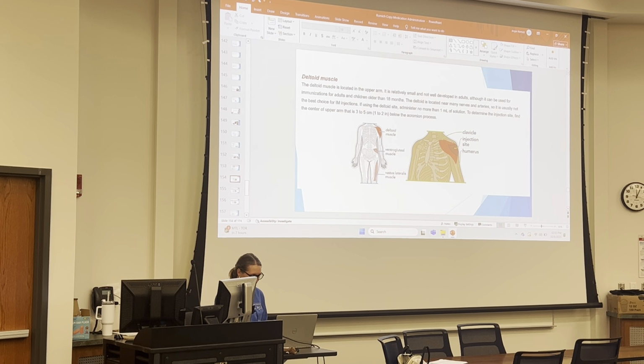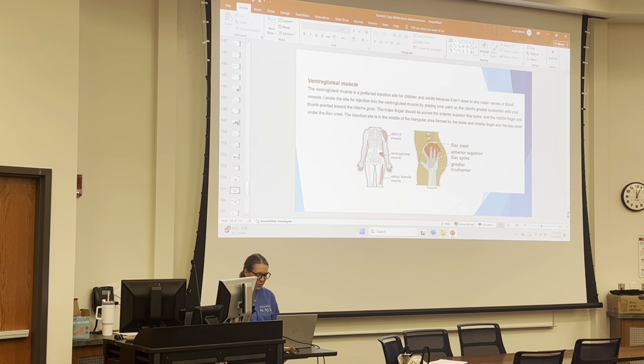All right, this is just summarizing what I had said about the deltoid muscle. I don't think there's anything new. Okay, and then the ventrogluteal, there you can see the hand is over the greater trochanter, which is the top of the femur, and then your pointer finger will be at the anterior superior iliac spine, which is your hip there, and then you just spread your fingers out, and it'll be right between here.